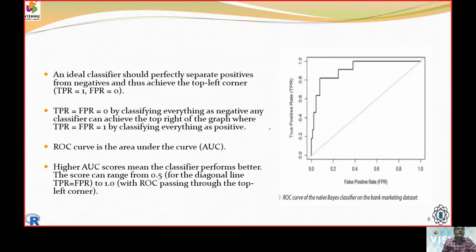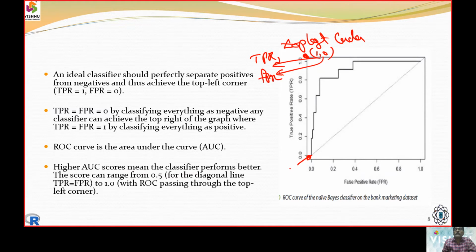At this classifier, we are going to set the values at the top left corner. At this point the value is 1 and 0. So 1 is going to be the TPR, 0 is going to be the FPR.